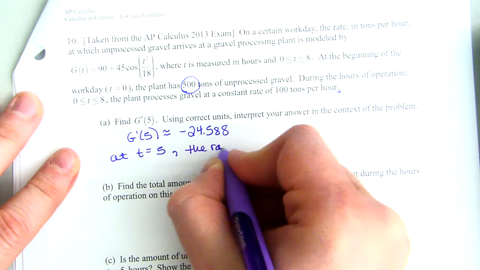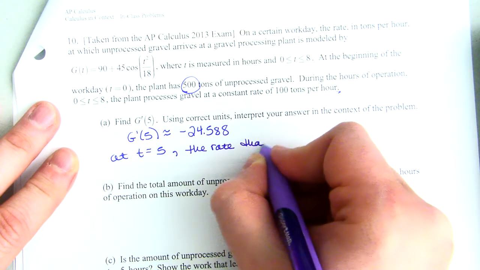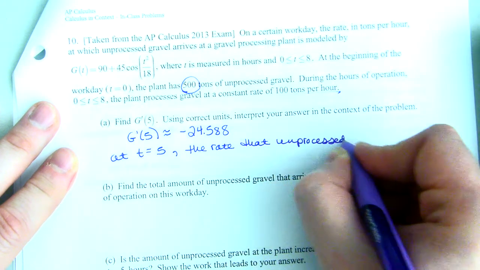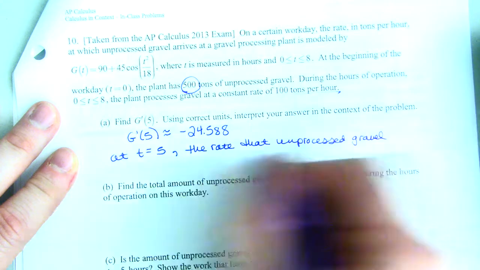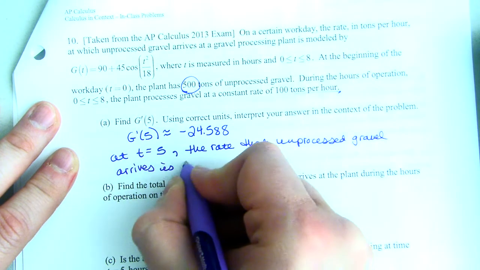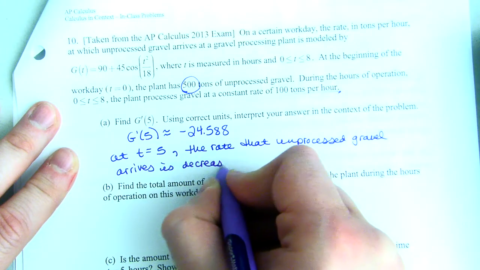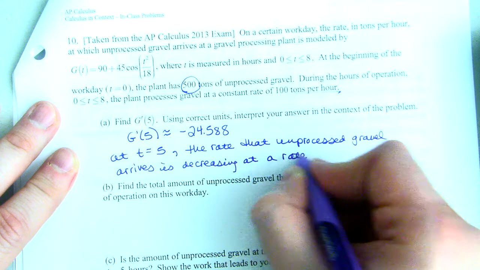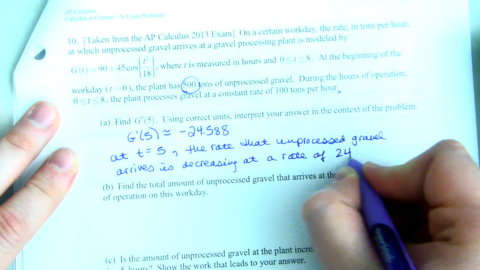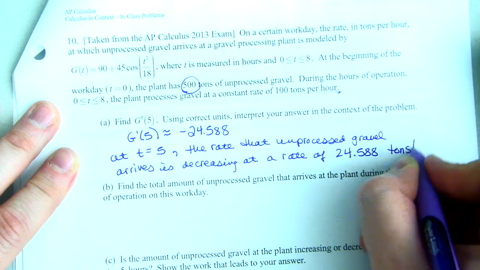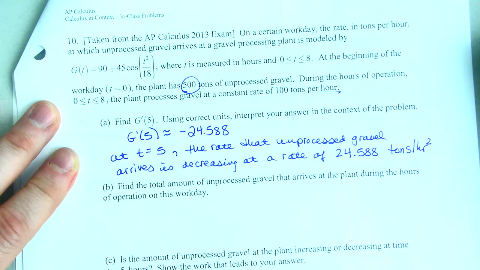The rate that unprocessed gravel is arriving is decreasing at a rate of 24.588 tons per hour squared.